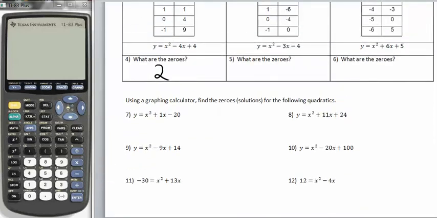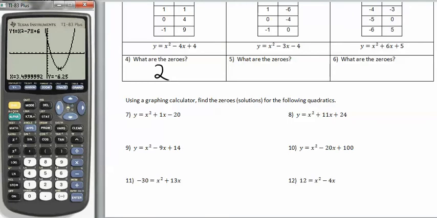And as we come on down here, it says using a graphing calculator find the zeros, and there's 2 ways you can do that. So let's go over here to our graphing calculator. And we just type this function in. So x squared plus 1x minus 20.